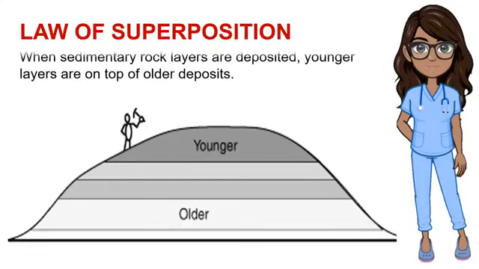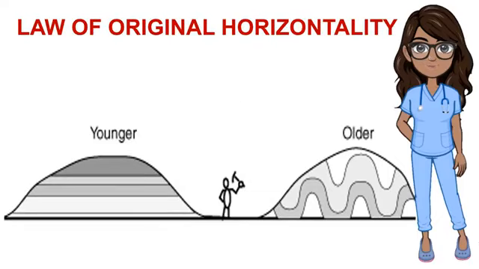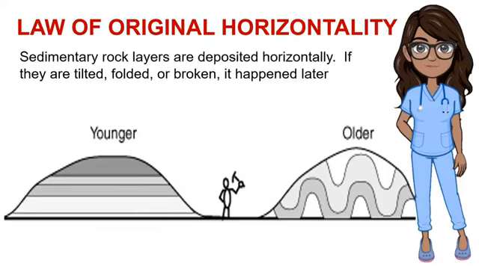Let's recall the stratigraphic laws applicable in relative dating. Law of superposition: when sedimentary rock layers are deposited, younger layers are on top of older deposits. Law of original horizontality: sedimentary rock layers are deposited horizontally.